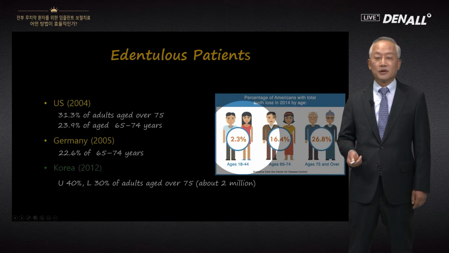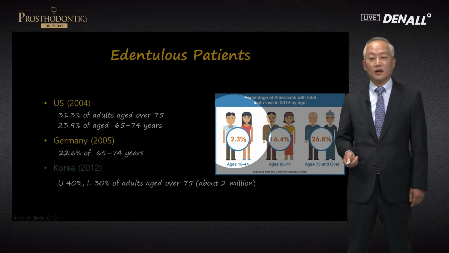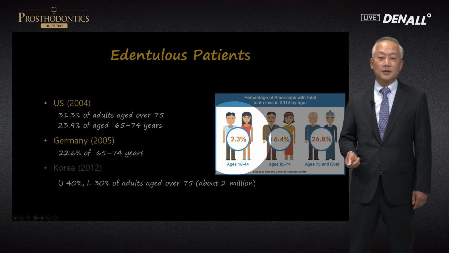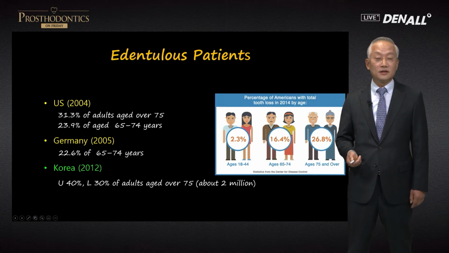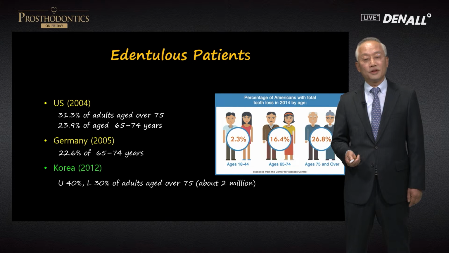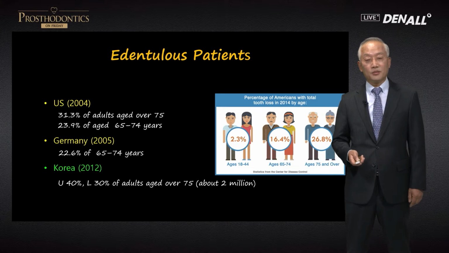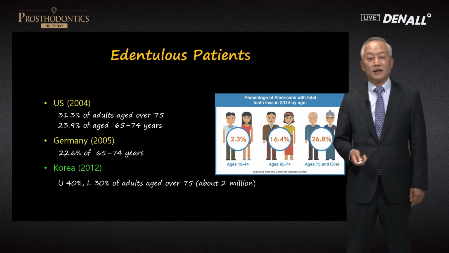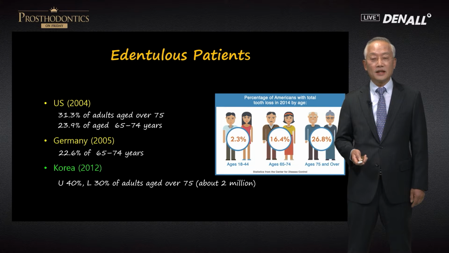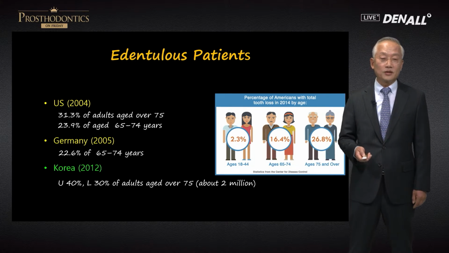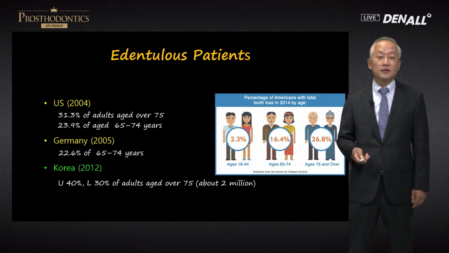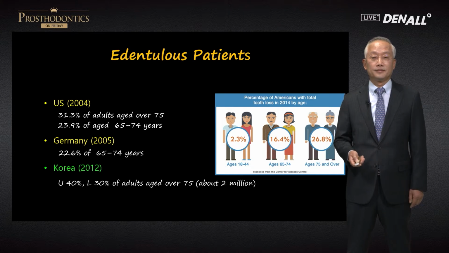In 2014, according to US CDC, approximately 20.3% of those between 18 and 44 are fully edentulous. Let's look at some figures in Korea. Let's look at the figures presented by the Ministry of Health and Welfare. Approximately 2 million people over 75 are fully edentulous.